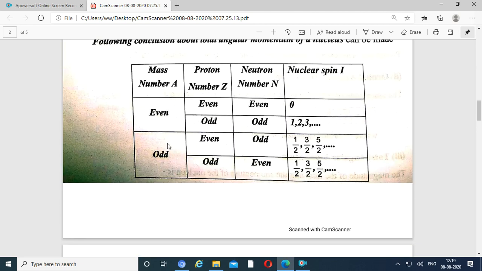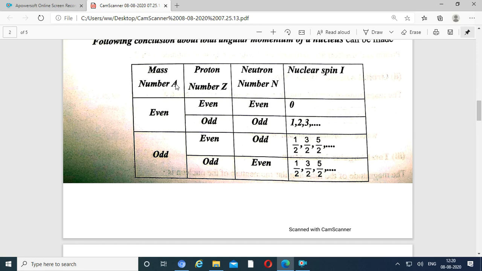Here in this table you will see the mass number, which can take either even or odd values, in the second column the proton number, the third column the neutron number, and the last column represents the nuclear spin I. If proton number Z is even, mass number is even, and neutron number is even, it means if all three values are even, the total nuclear spin I will be 0.